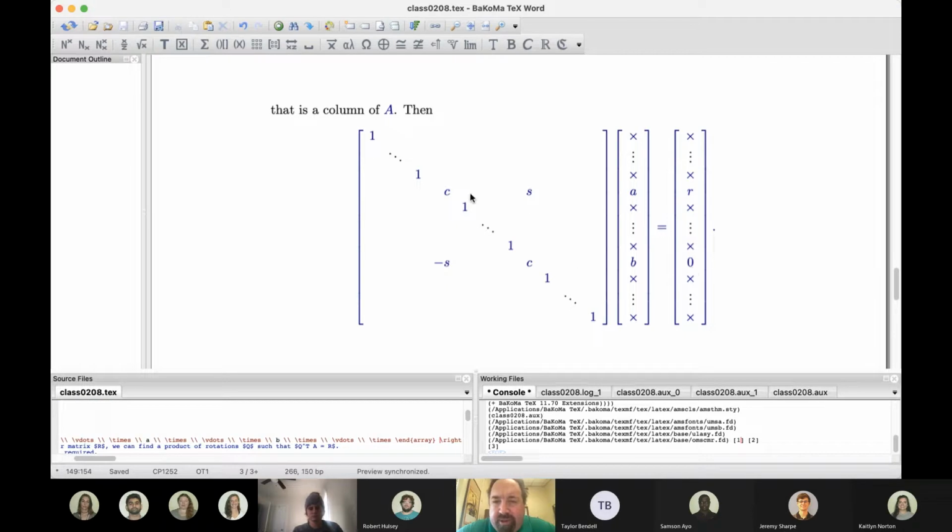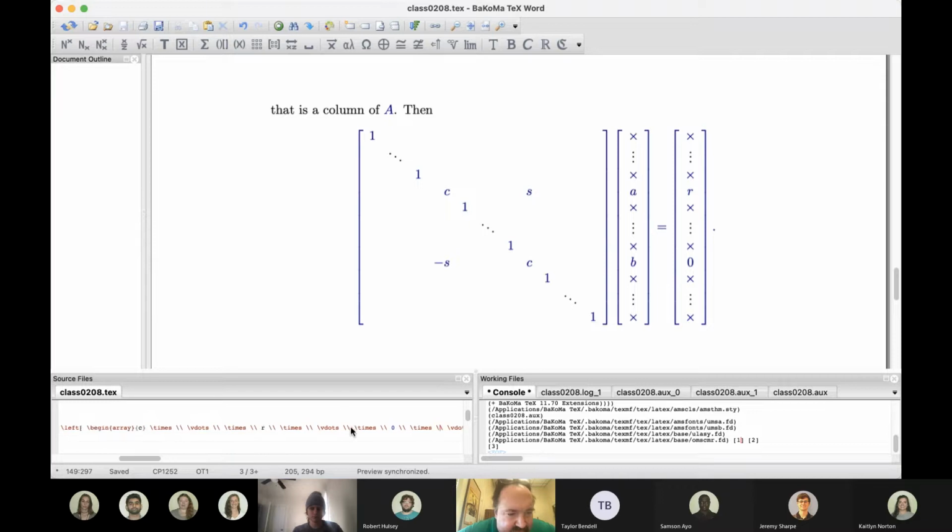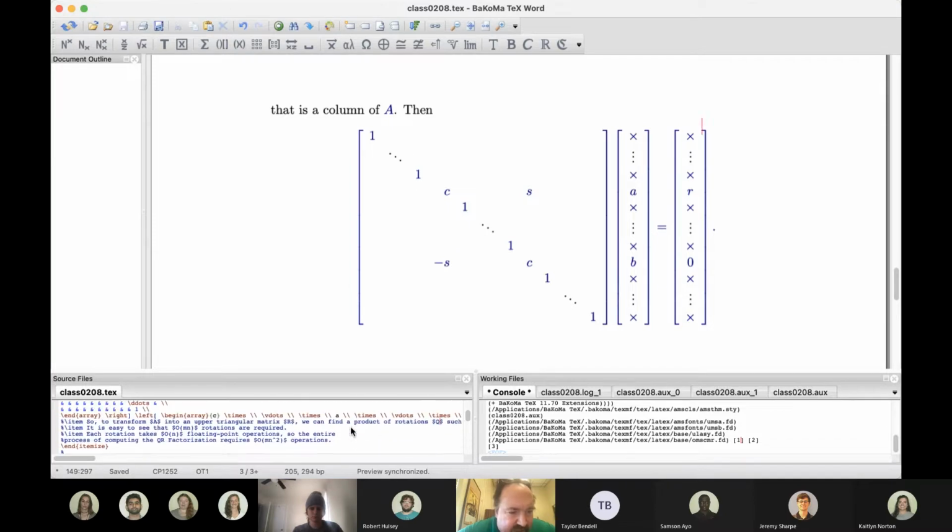Basically what I'm doing is rotating the vector consisting of a and b to the positive x-axis to get rid of this entry right here. So that's how I can take any two rows and rotate them by multiplying by this kind of matrix on the left. And it'll rotate those rows in such a way as to zero out this entry. So I can apply this to a vector of any length.